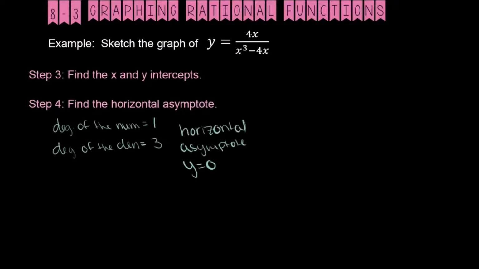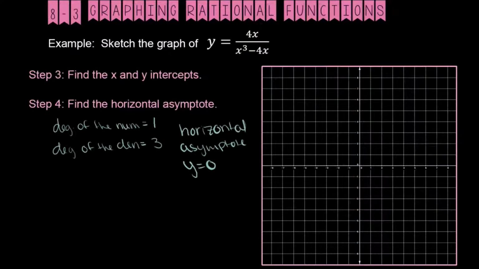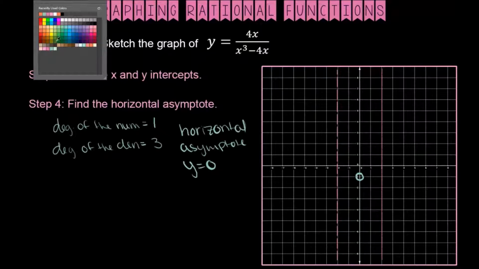So I can go ahead and plot that on my graph. Here we go. So here's what we had for our graph, and I'm going to add in a horizontal asymptote along y equals 0, which is this line here. So let me get kind of an obnoxious color going on so maybe we can actually see it.